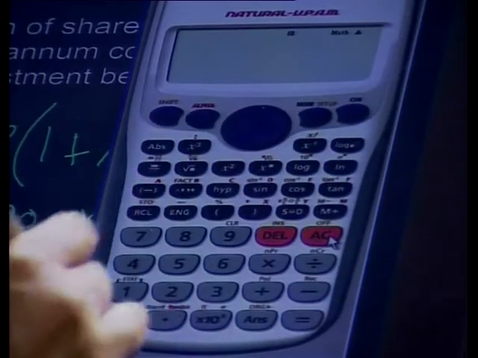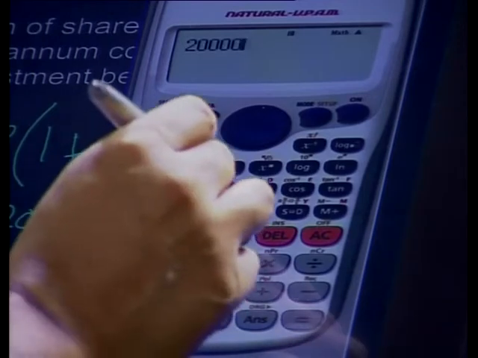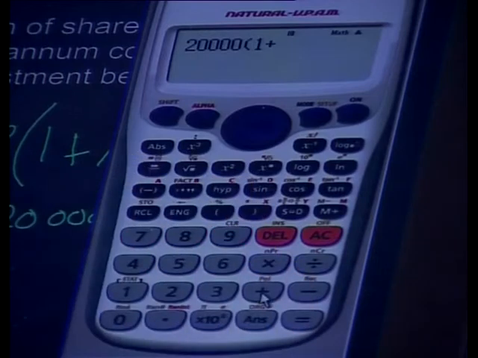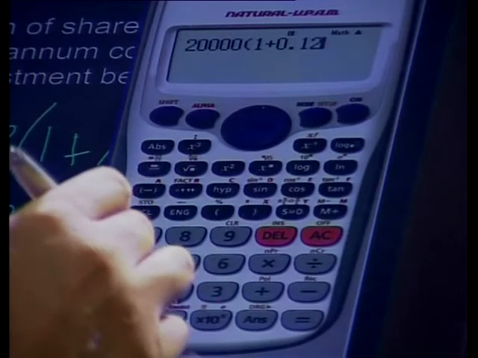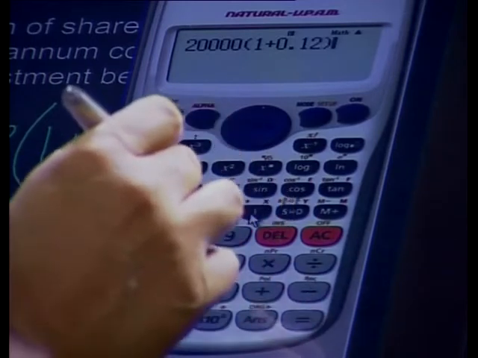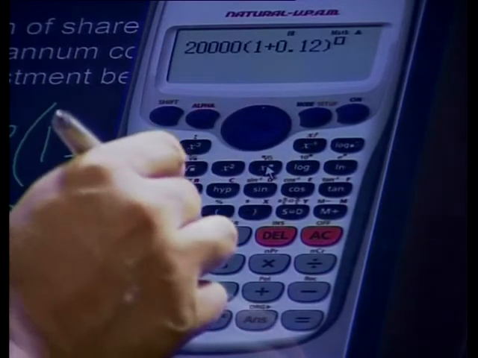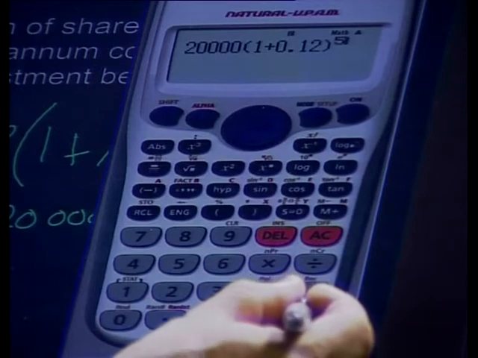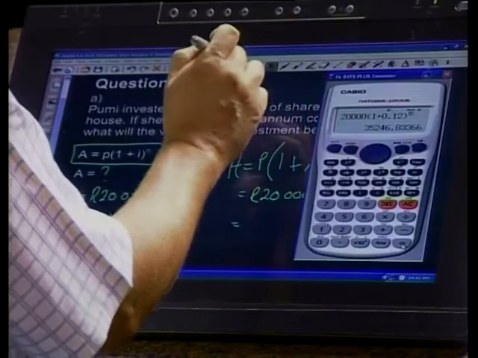And we're going to say, right, I've got 20,000, bracket, 1 plus i, which is 12%, so it's 0.12, close brackets, to the power of 5. Okay? Equals, let's push the equal sign. What do we get? 35,246 rand. So let's write that down.